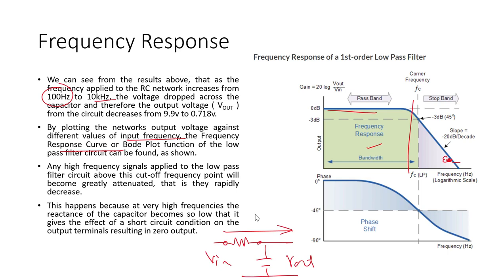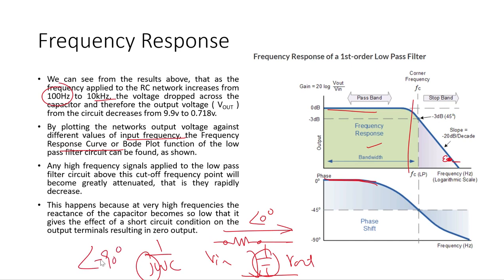So this will show us a zero angle, which is shown here. As the frequency increases, the capacitor starts working and the circuit becomes capacitive at higher frequency. So all the voltage is being grounded. And capacitor is 1 over j omega c. So this will give us a minus 90 degree with the output voltage.